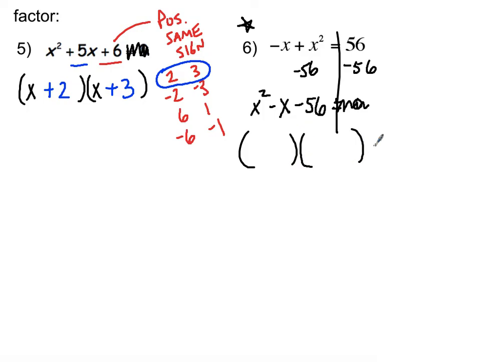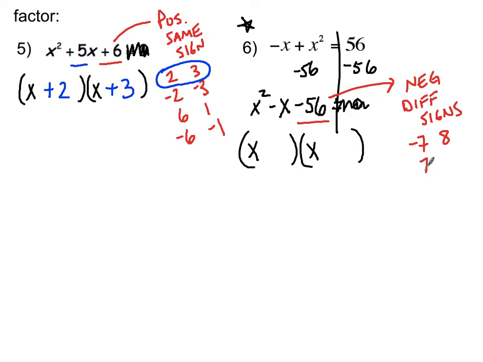Again, that'll come into play later when we learn about solving. So, negative 56 is negative, so that means we're going to have different signs. That means one will be positive and one will be negative. So we need to think of two things that multiply to negative 56. That could be a negative 7 and a positive 8.